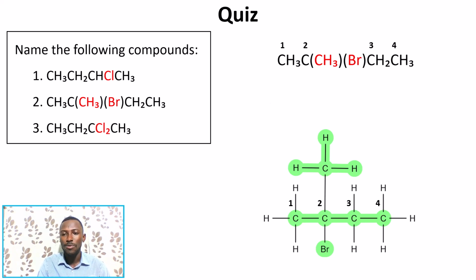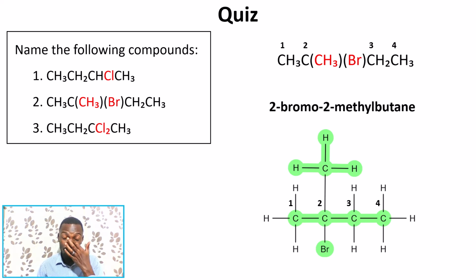Now, what will be the name of this compound? That will be 2-bromo-2-methylbutane. So that means halogens come first before alkyl groups. Good. So this is what I referred to on an earlier slide. There are some alkanes that have both an alkyl group and a halogen attached to the longest continuous chain.